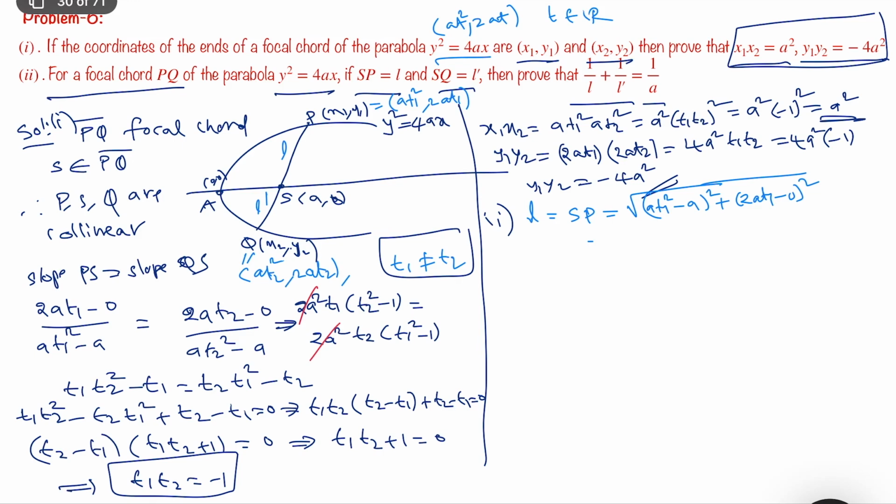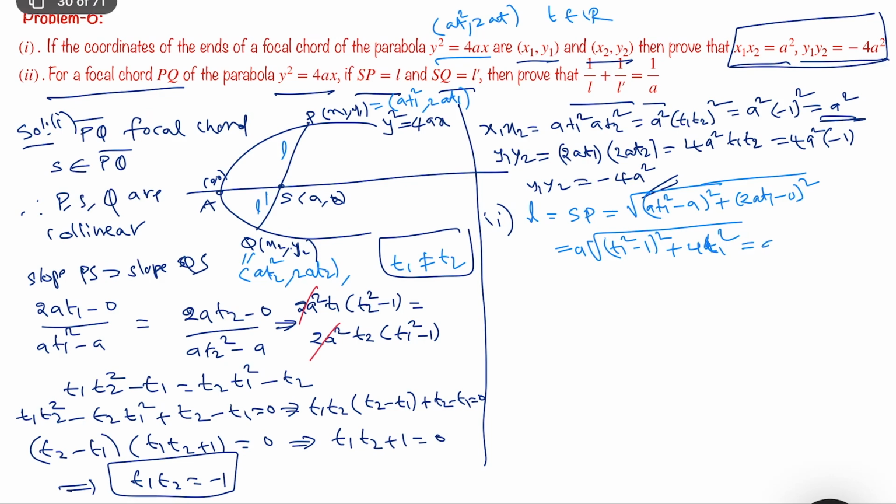Okay. So that's going to be, if I take a out, a times under root t1 square minus 1 whole square plus 4 t1 square.